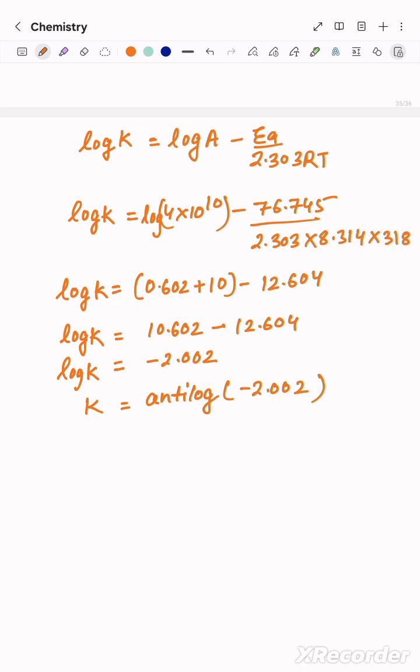So after antilog, the k value will become equal to 9.954, that is antilog of 0.998 multiplied by 10 to the power minus 3.